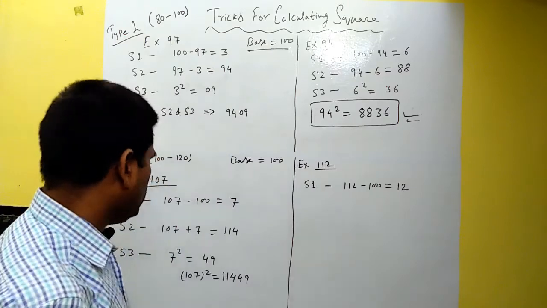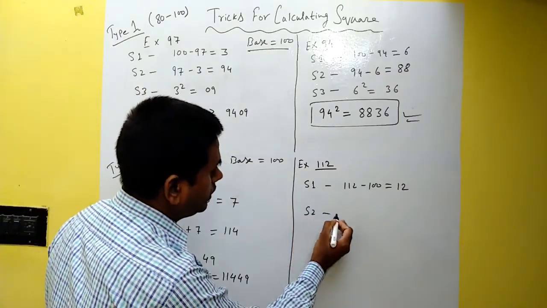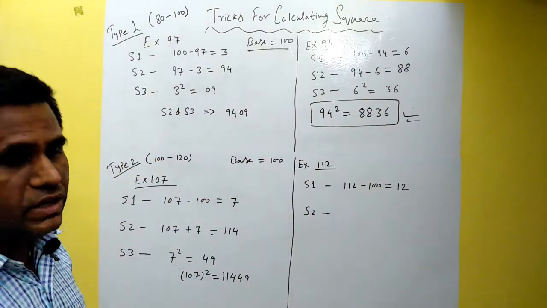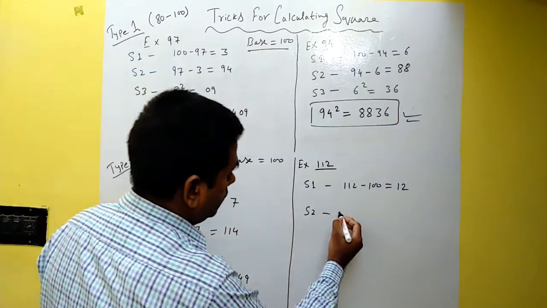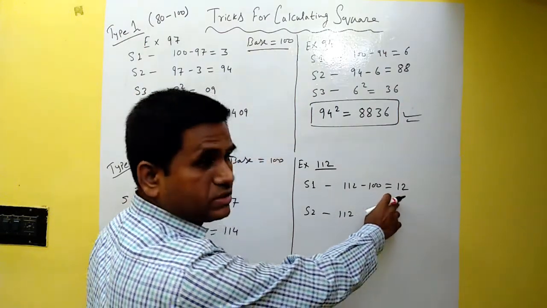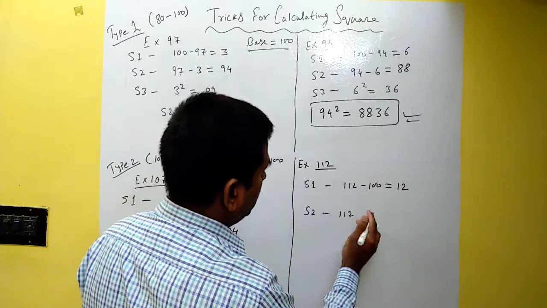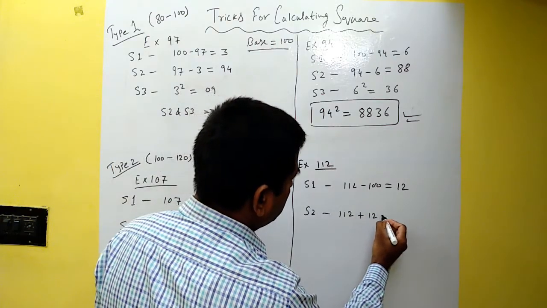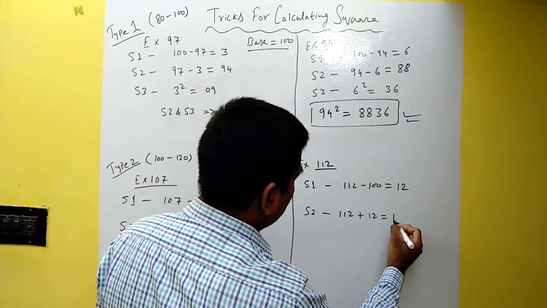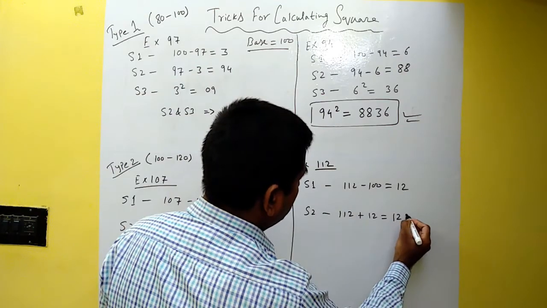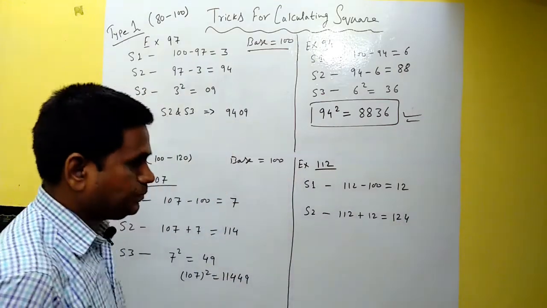The difference is 12. Now step 2: we are adding in type 2, so adding the difference to the number. So 112 plus 12 gives us 124.